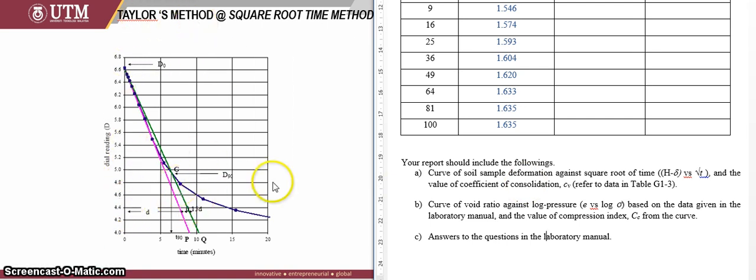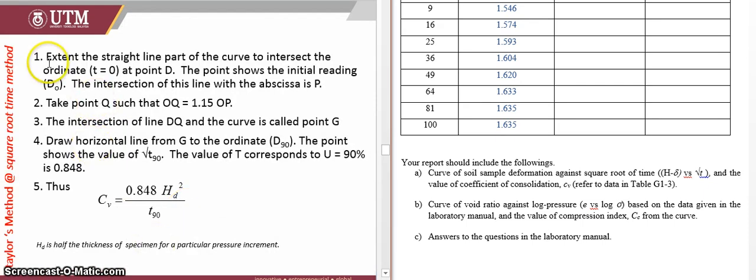If you follow the procedure that I include in my slides, you can get the value of square root time at 90, which corresponds to the degree of consolidation of 90%. So you can get the T90 value, and you also already know the height of drainage, which is the initial height divided by 2, because we have double drainage in here.